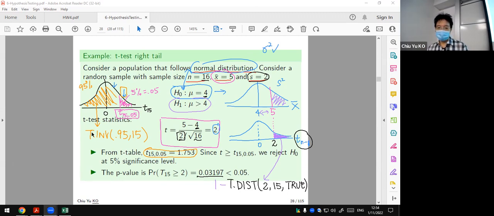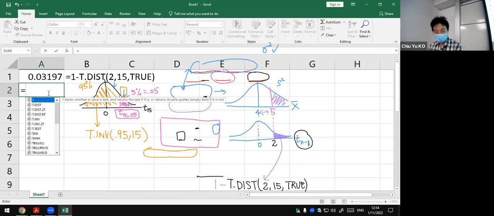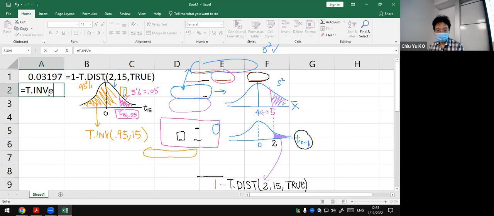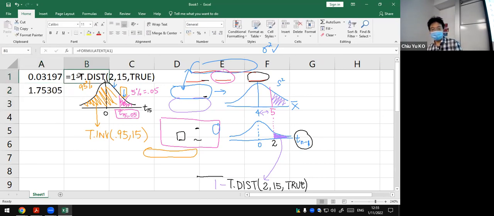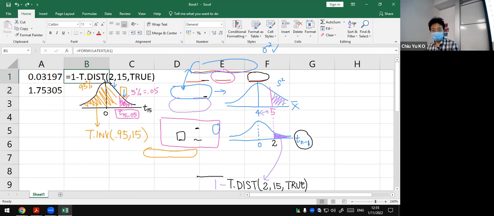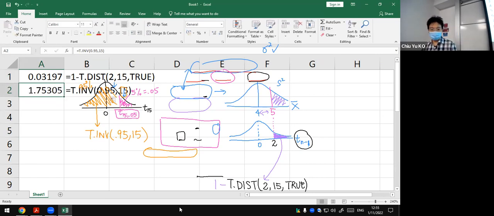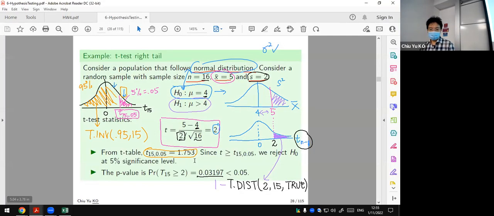Let me show you this T.INV 0.95 here. T.INV of 0.95, 15. So this is 1.75. So you can easily see this T.INV 0.95, 15 is telling you that you'd also reject this now.